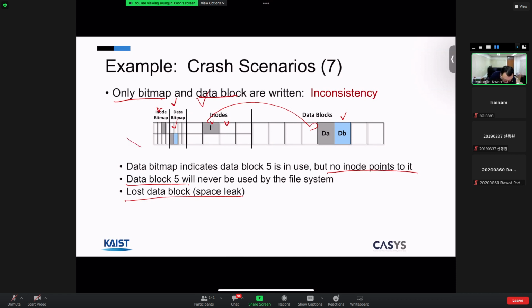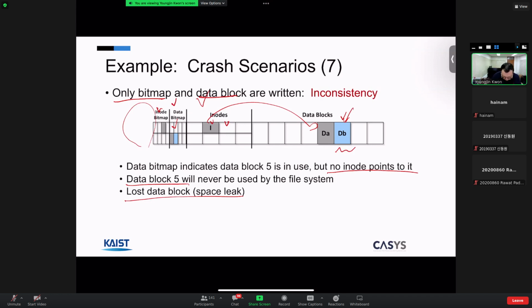So first one, this problem may be solved. How to solve it? First of all, the file system never knows whether this new block is new or old.